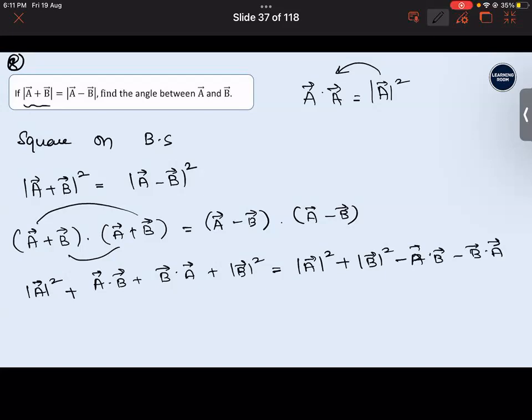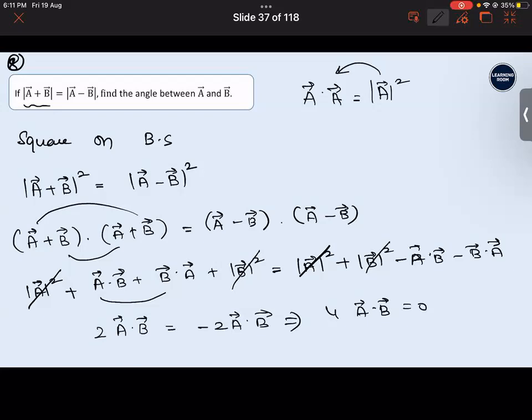Is it clear? So what is getting cancelled on the left hand side and right hand side? A square. Remember, magnitude is a number, so numbers can be cancelled. This and this will get cancelled. So what I am left with is A dot B plus B dot A, which is 2 times A vector dot B vector, equal to minus A dot B minus A dot B, which is minus 2 times A dot B, which implies 4 times A vector dot B vector is equal to 0.